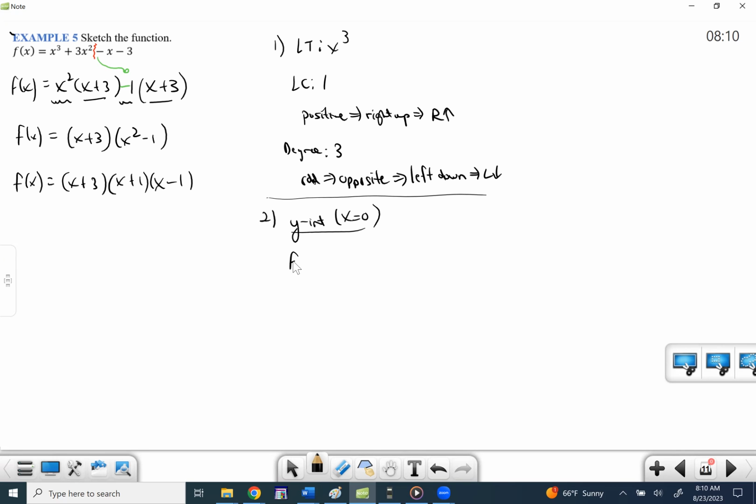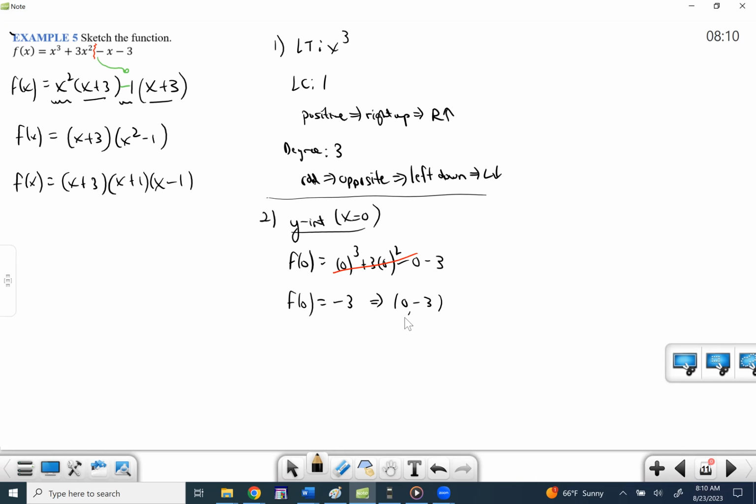But look how easy it is when we substitute a 0 into the original. All of these things that have zeros are goners. And look how fast that was. Just leaves us with the last number, basically. Anything with an x in it disappears. So that implies that (0, -3) is going to be our y-intercept.